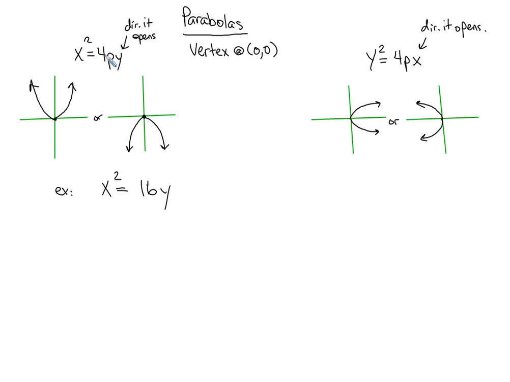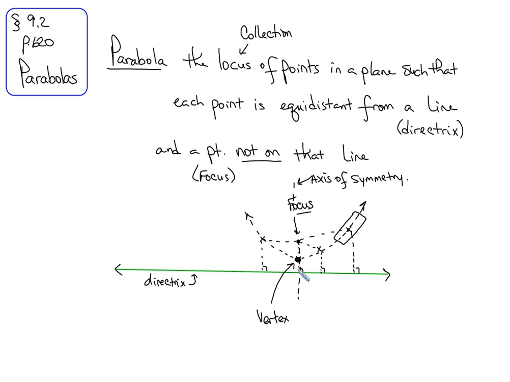So now here's the thing. What does the p have to do with anything? So let me go back to this picture, and let me clean this up just a little bit. I want to get rid of the stuff that I don't want to look at. What p represents, guys, is the distance from the vertex to the focus.